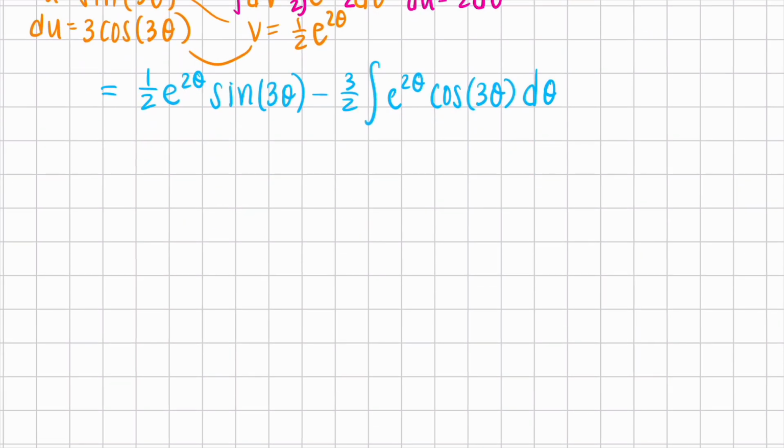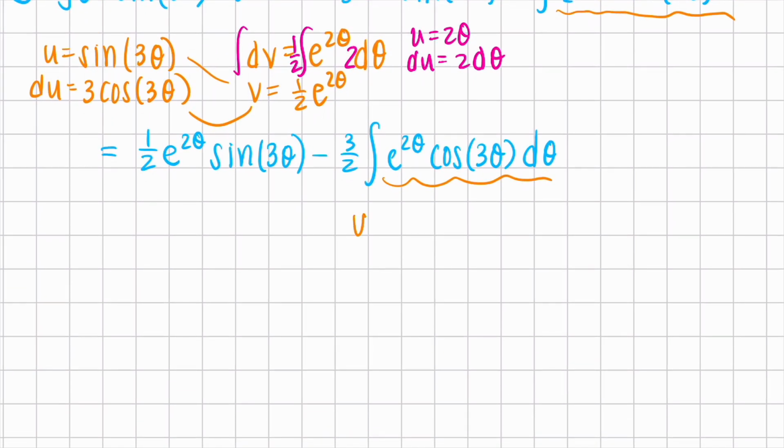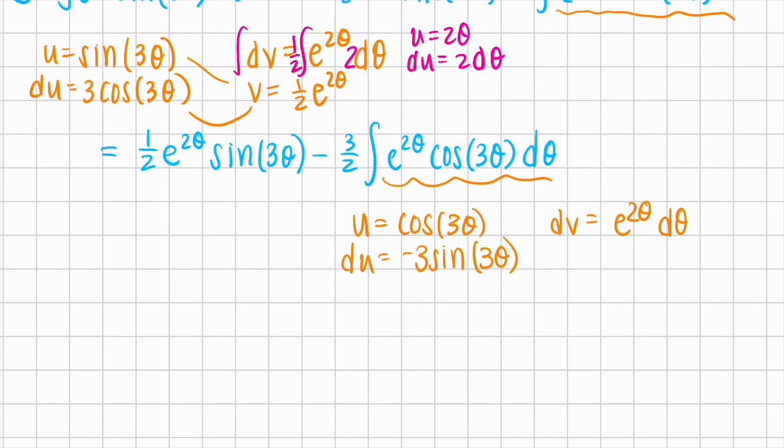Okay, so let's do parts again just for this integral. So I'm going to choose, same thing, I'm going to make my trig cosine of 3 theta my u. I'm going to make dv equal to e to the 2 theta d theta. That makes du, derivative of cosine is negative sine, and we are going to have to chain rule again. So I have negative 3 sine of 3 theta. When I integrate both sides of the dv equation, I get v equals, notice this is a repeat of what we did in the first integration by parts, so I'm just going to copy the same answer, the same v.